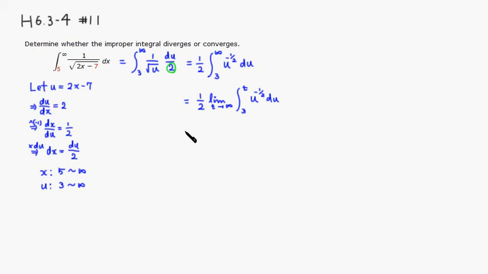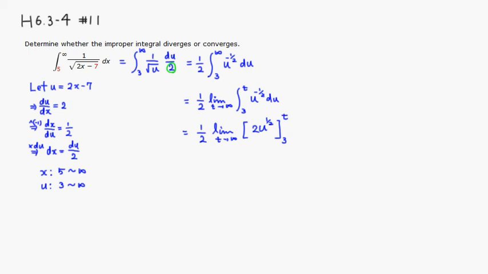You still have the 1/2, and we need to take care of the limit as t approaches infinity. The antiderivative of u to the negative 1/2 is add 1 to the power, so it's going to be positive 1/2, and dividing by 1/2 is the same thing as multiplying by 2. Then going from 3 to t.